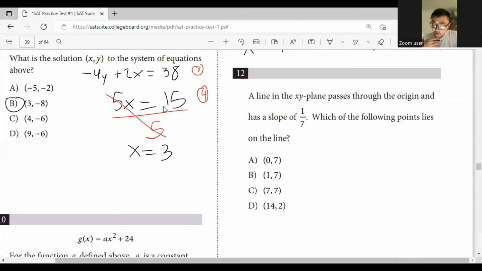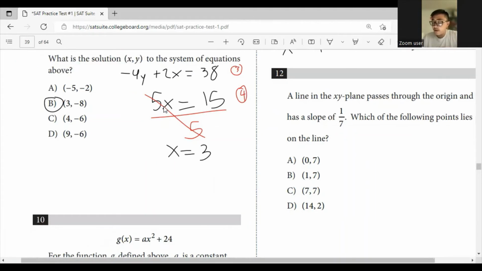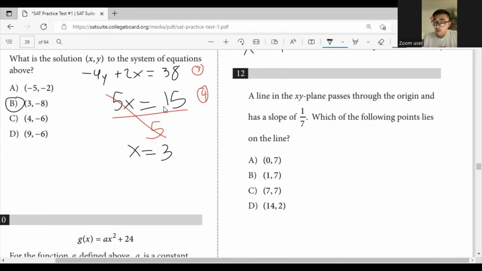A line in the xy plane passes through the origin and has a slope of 1/7. Which of the following points lies on that line? So we know it passes through the origin. If we know anything about linear lines, it will only touch every point once. So it's a line, so that's important. So it's linear. Passes through the origin. So that means our y-intercept has to be 0.